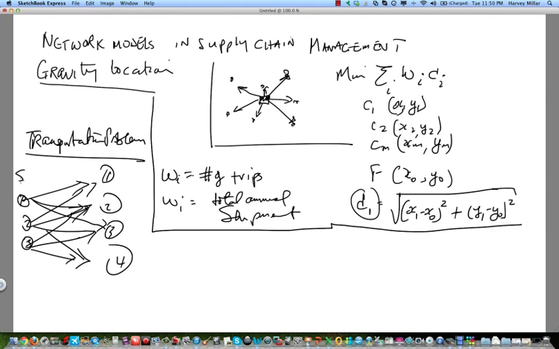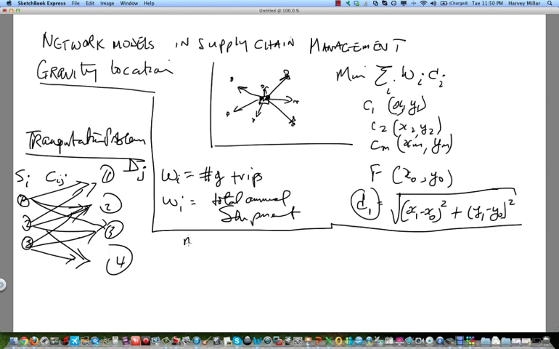So we have supplies at this location, and then we have demands at this location, and then there's a cost Cij, which is basically the cost of going from supplier i to customer j.